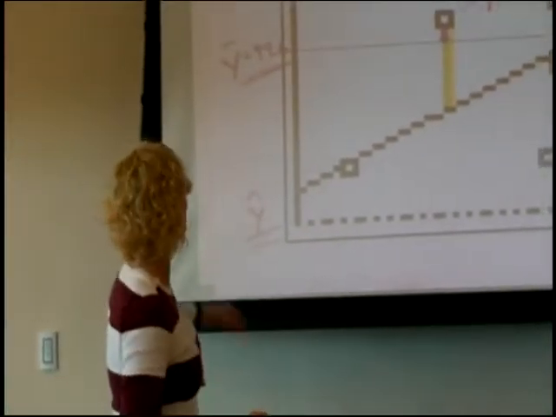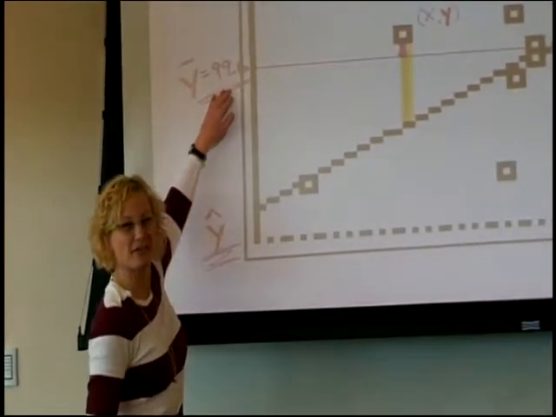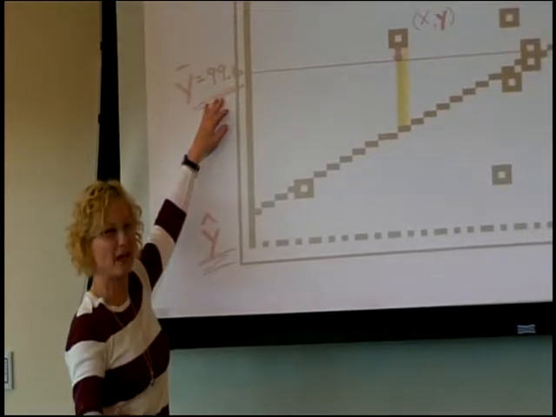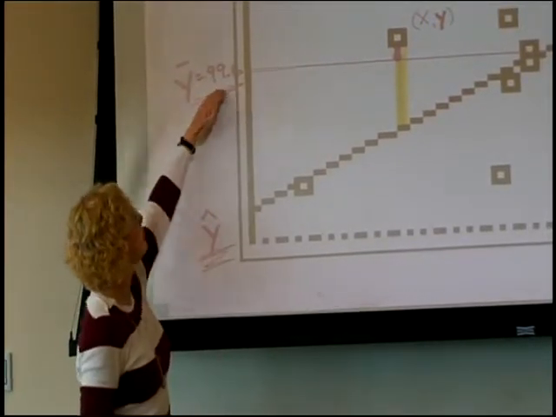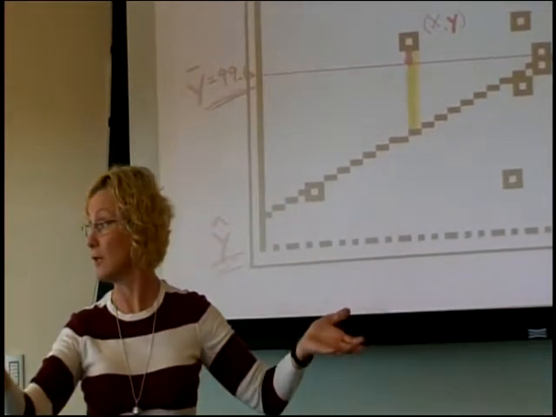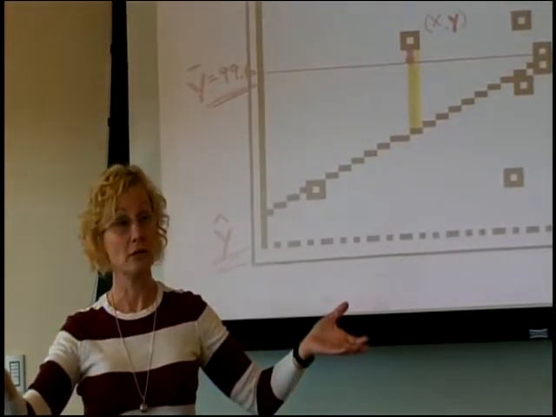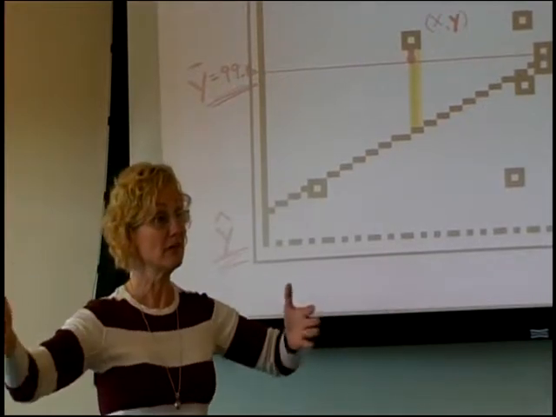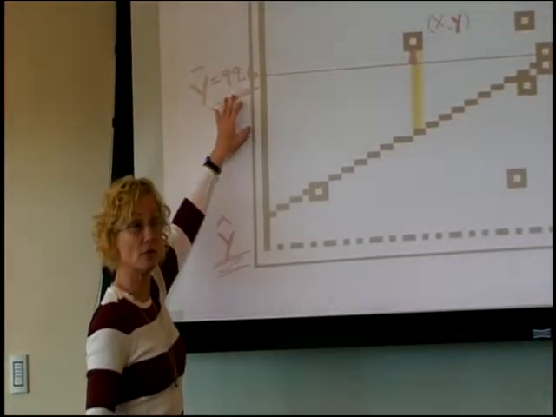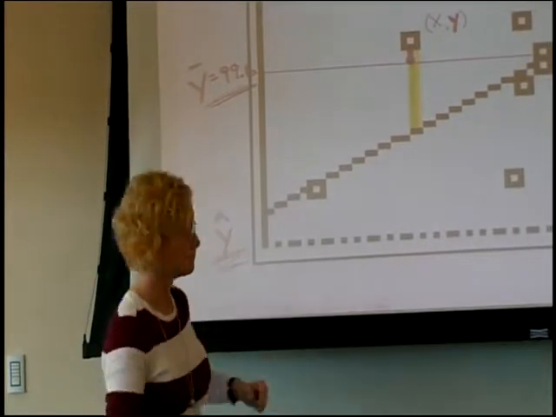And again, we agree that this is kind of a weak estimator, right? To just say every single time the weight of that bear is on average 99.6 kilos, no matter what its length is, we would just report 99.6 kilos. We want to do better.